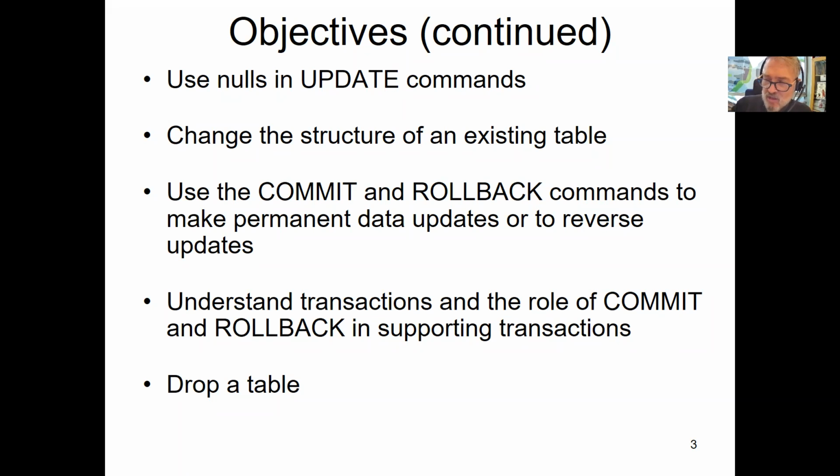Only after they block the record and have done their change can they make a commit. The commit will only happen if nobody else is trying to access that record. The idea of the rollback is that you can go back to the point before the record was changed and start again. So that's the idea of the commit and the rollback.